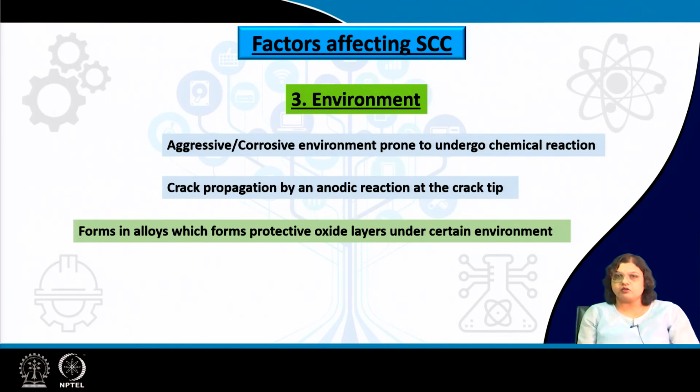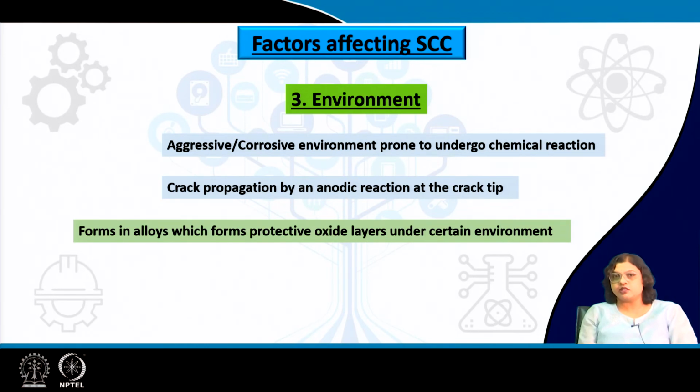So, this environment is particularly important if the material is susceptible to undergo a chemical reaction. In cases where the material undergoes corrosion and forms a protective oxide layer, although it sounds like a beneficial effect, that layer does save it from further corrosion.